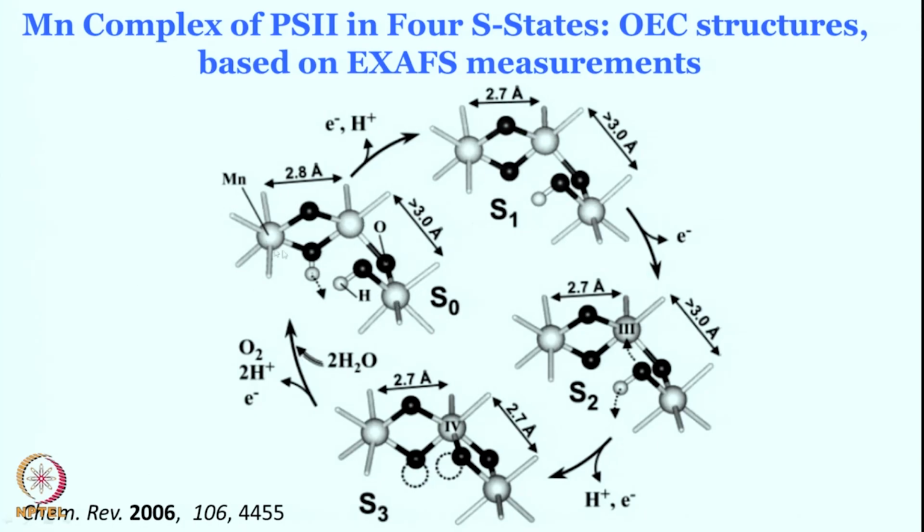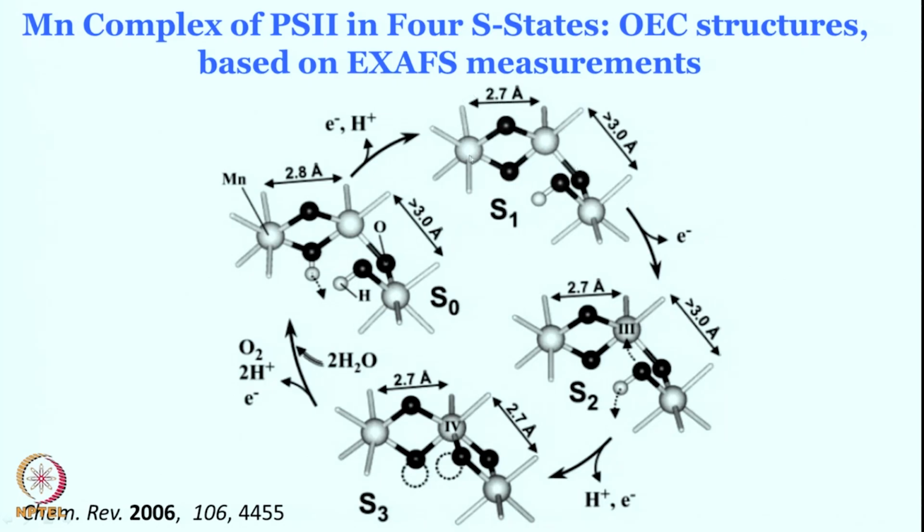As we have previously said, this core remained somewhat constant throughout this process. Now this S0 state can be oxidized, or a hydrogen atom leaves this center, to make it an S1 center, where once again the 2.8 angstrom distance changes only up to 2.7 angstrom. These XAFS measurements can be quite accurate.